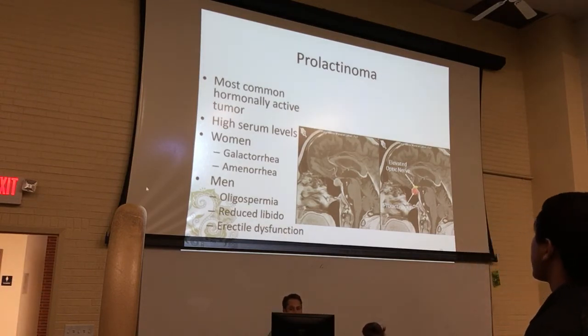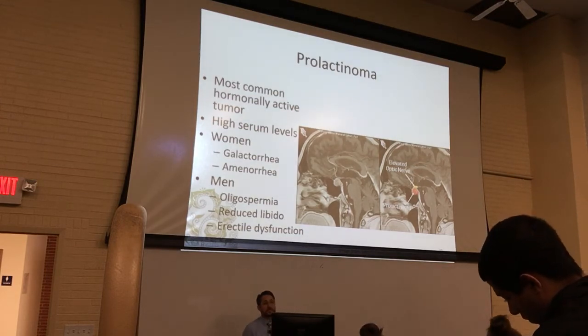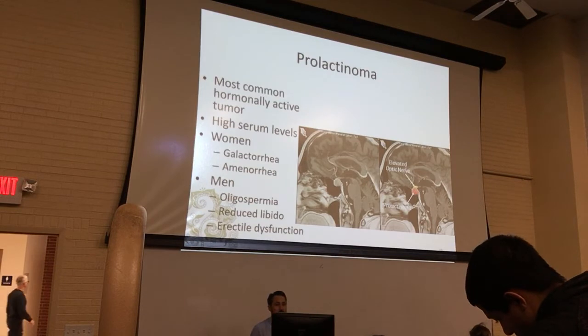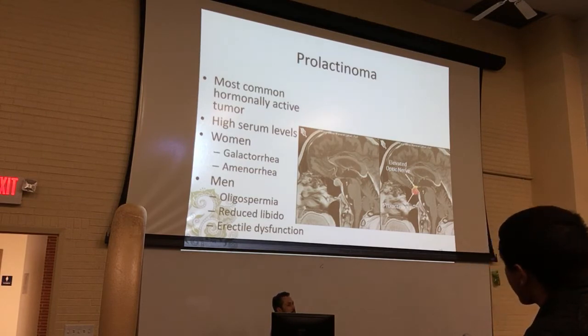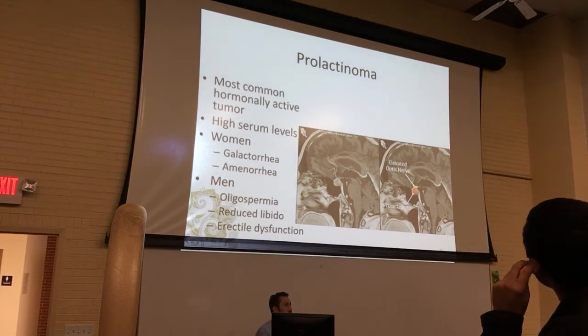In women, this is going to lead to amenorrhea, which is the absence of a menstrual cycle, and galactorrhea, which is spontaneous milk letdown. Okay, so they'll make milk. Basically, the body thinks that it's pregnant, and so they will spontaneously release milk even if they're not pregnant or nursing.